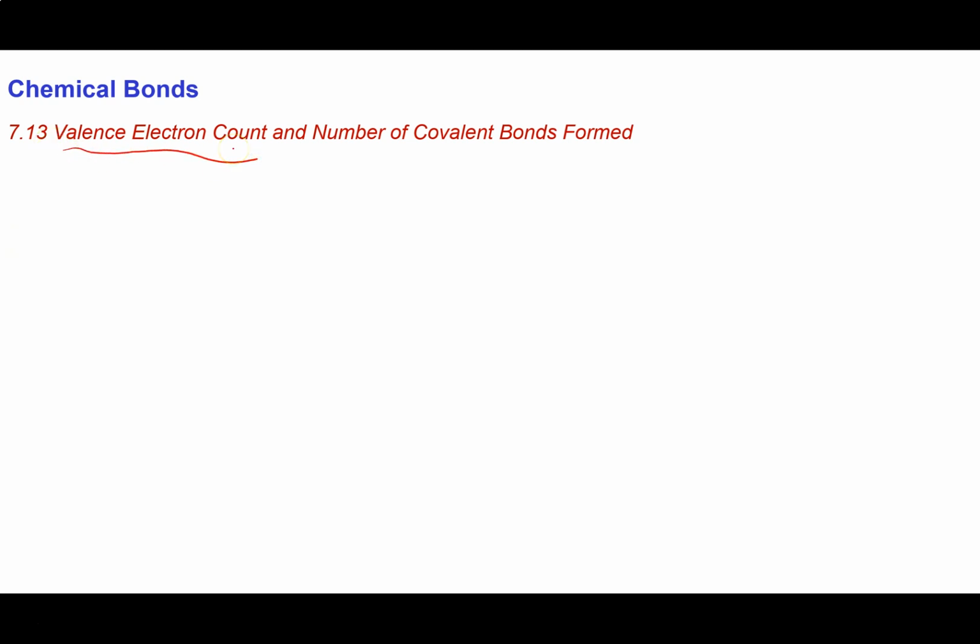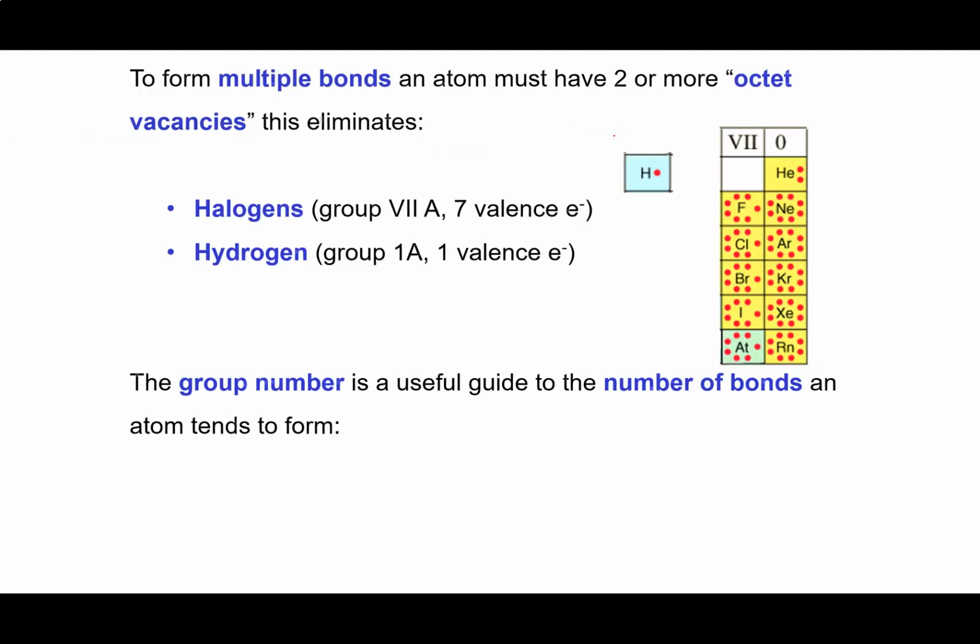We're just going to have a look now and see how the number of valence electrons that an atom has is related to the number of covalent bonds that it forms. We looked at this previously, but we're going to examine it in a different sense.